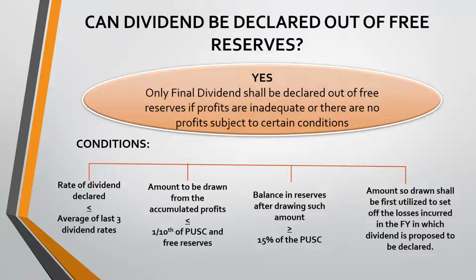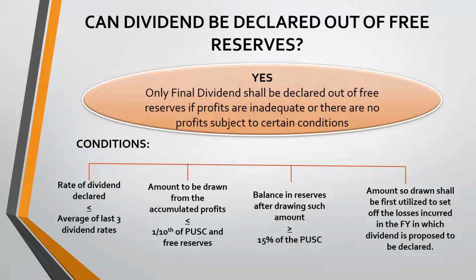So you may ask whether interim dividend can be declared out of free reserves. No, not at all. Even if the company has inadequate profits or there are no profits, interim dividend cannot be declared out of free reserves. Interim dividend can only be declared out of surplus in the P&L account and current year's profit.